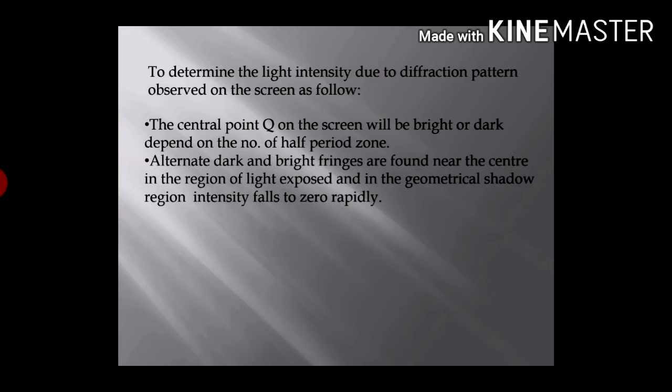In this case also, the fringe pattern is observed in the central part or near the edge of the aperture, and beyond the illuminated region, means the geometrical shadow region, the intensity falls off to 0 repeatedly.